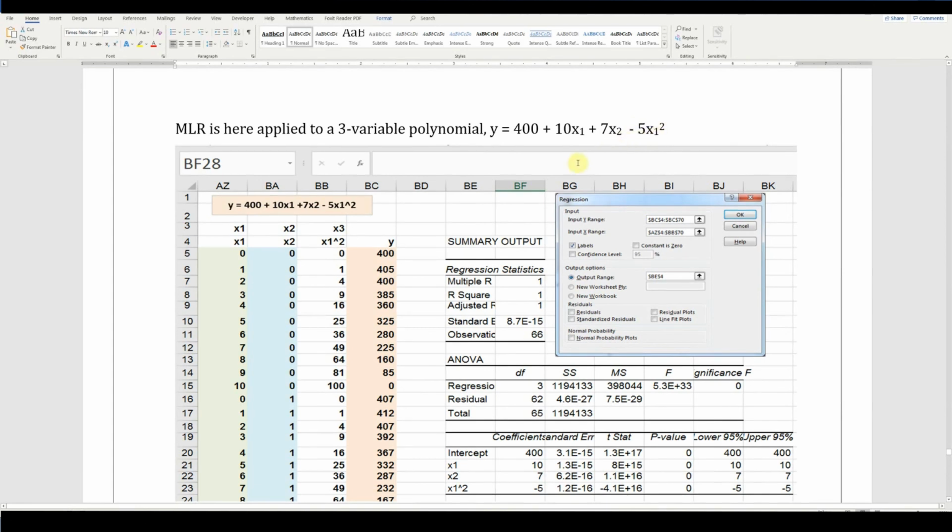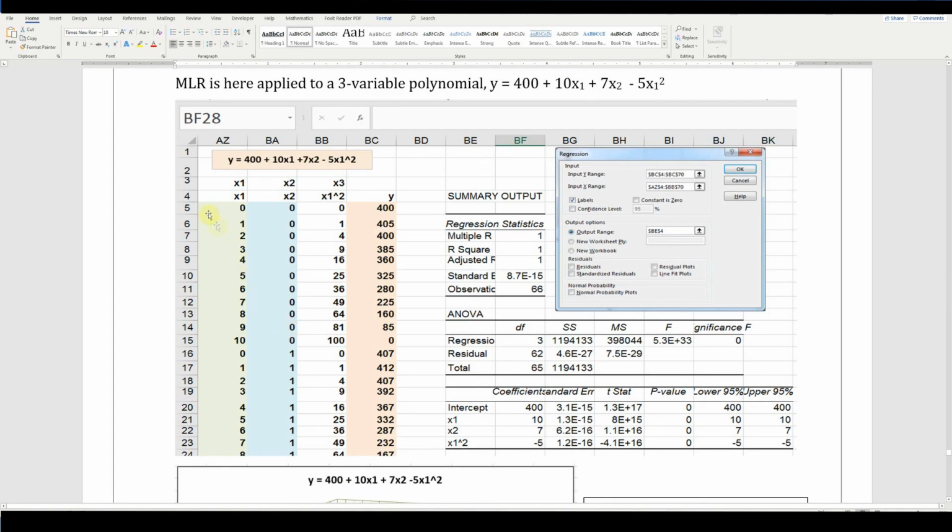So what I've done here is randomly generated some x1 values and some x2 values and substituted them into this equation and calculated y values. But in terms of regression, I created this artificial third variable, which is x1 squared. And then in Regression Toolpak, I entered the y values, BC5 all the way down to BC70.